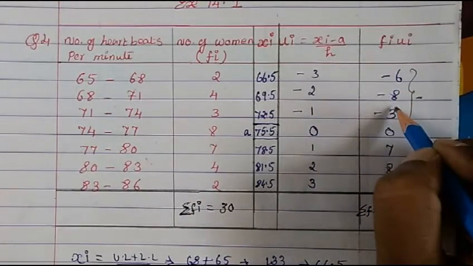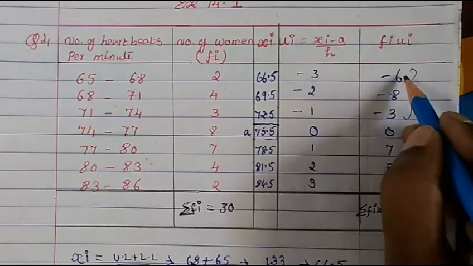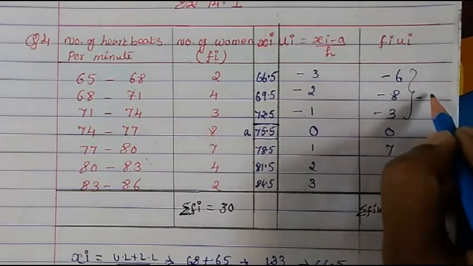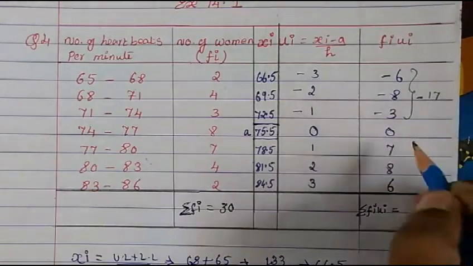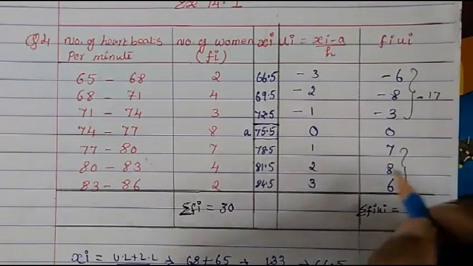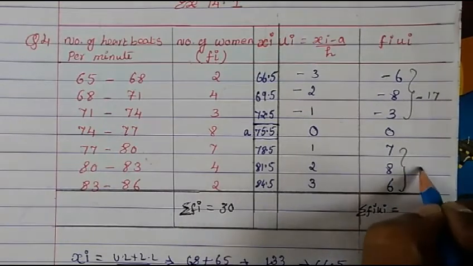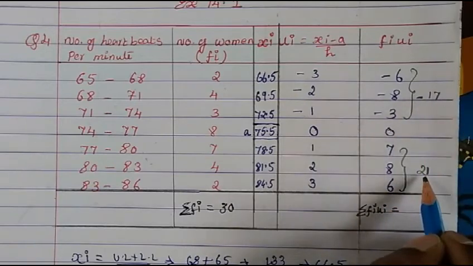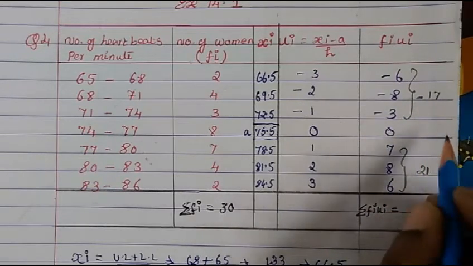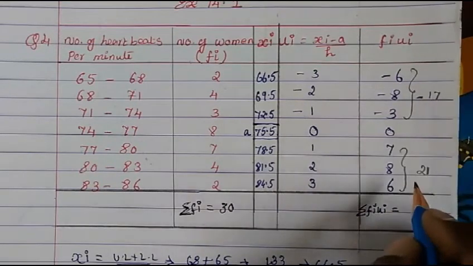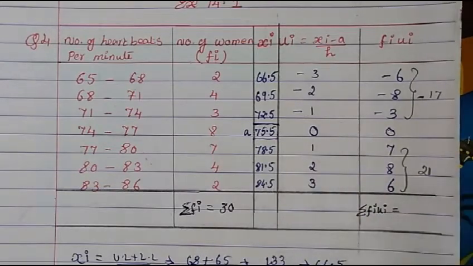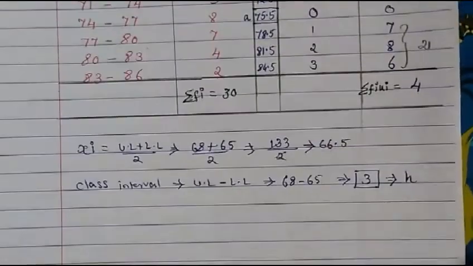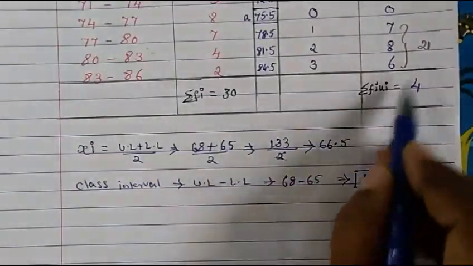So it will be 8, 9, 10, 11. Then 11 plus 6 will be 17. And this is in positive. When you calculate, you will get 21. So minus 17 and plus 21. So 21 minus 17, we will get 4. Okay. So you see, the calculation has become very small numbers.